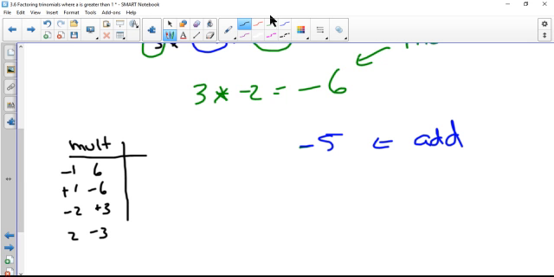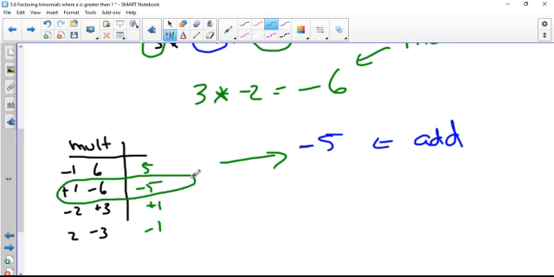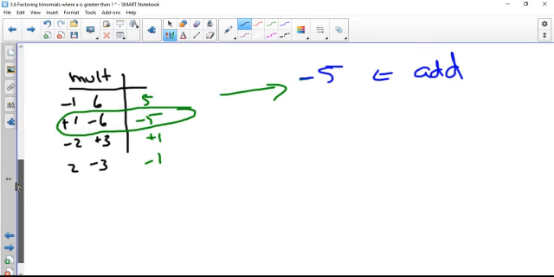Looking at the additions of those, we've got 5, minus 5, plus 1, minus 1. Since we're after minus 5, we notice it's this one. So we're going to write those two values out.